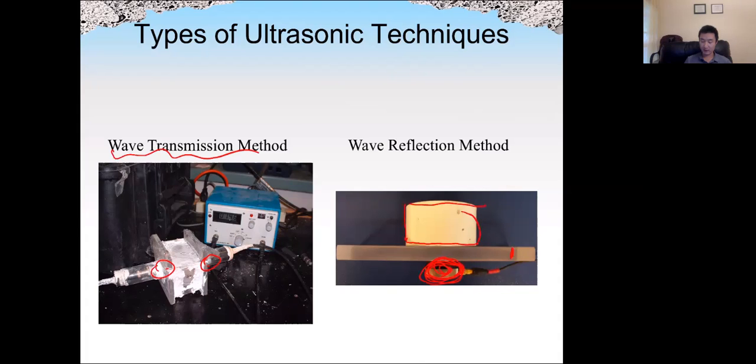We'll send the wave here, and the wave will be reflected back. Based on that, we can measure information such as the thickness of the steel plate. But here, again, the transmitter and receiver are in the same unit. So we use the wave reflection method.